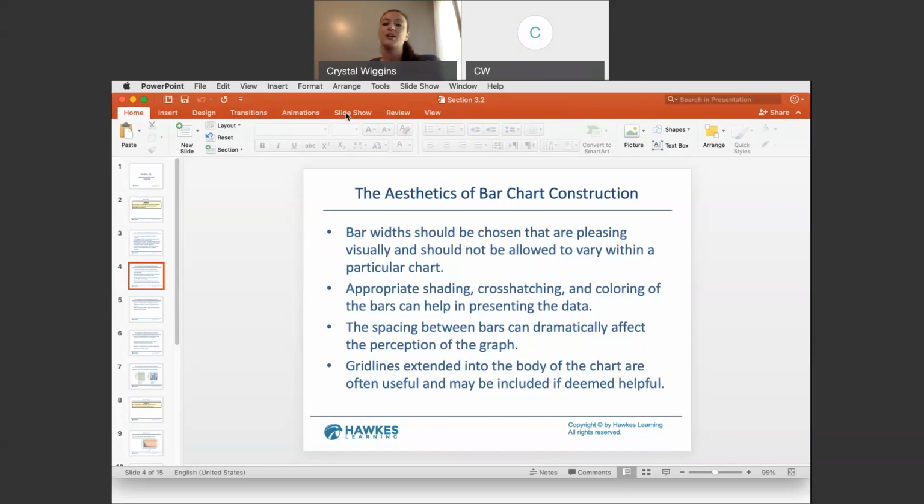Appropriate shading should be used when creating a bar chart. There are definitely ways to make bar charts very difficult to read. If you put a picture as a background, like a big picture of your face, and you have bars coming up over your face, that's very distracting. People are going to be distracted from the data you are trying to display, and they're going to miss the message.